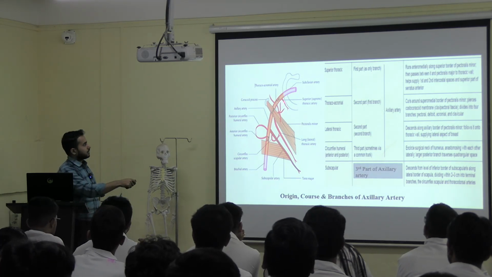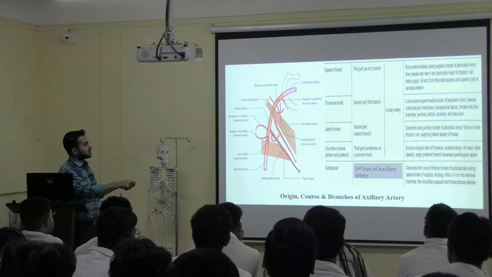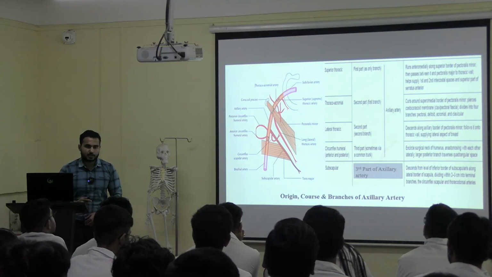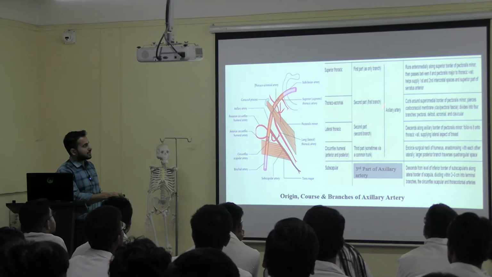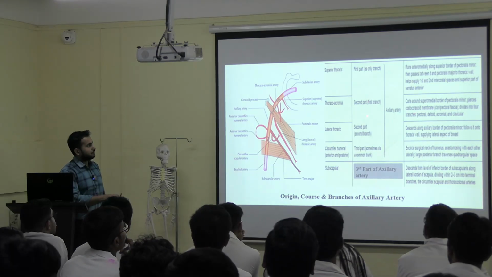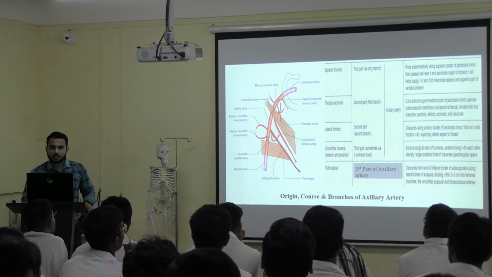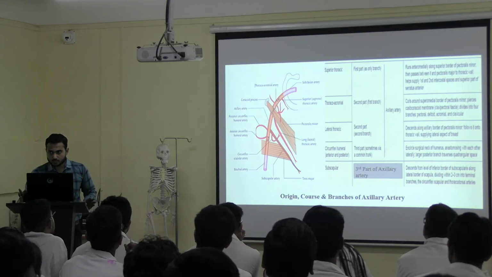Along with the branches, if you know where the branch is going and which structure it is supplying, you will know the area of supply. For that, that day I discussed this chart. If you remember, each and every part, the branches and the area of supply, we already discussed that day. So this is how you have to study the area of supply in case of the axillary artery.